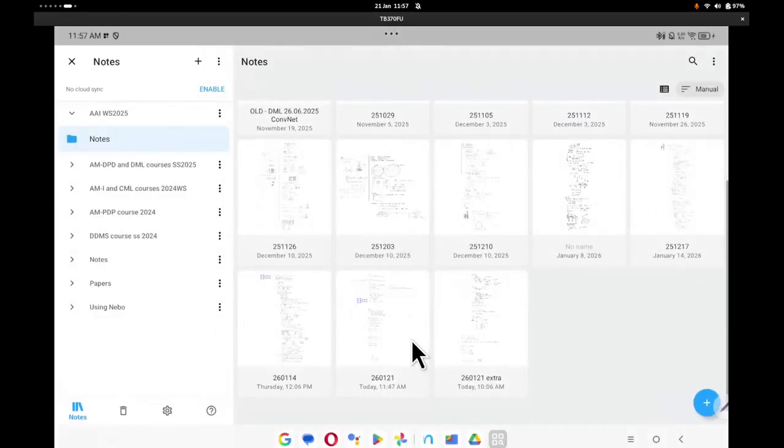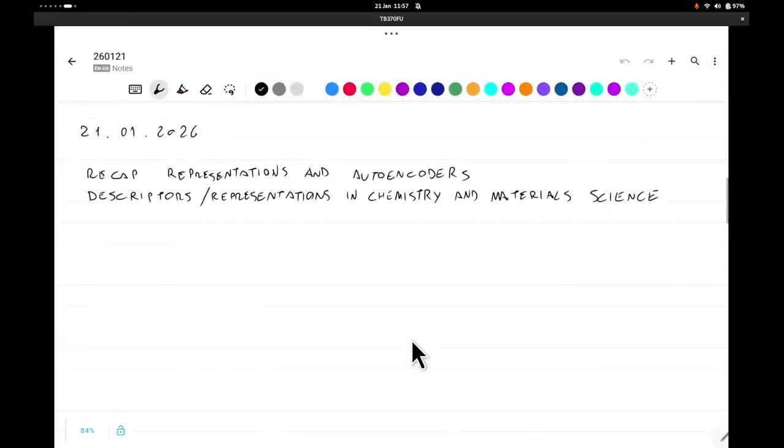Right, so let me go to the new stuff. So I started last time, but basically restart.